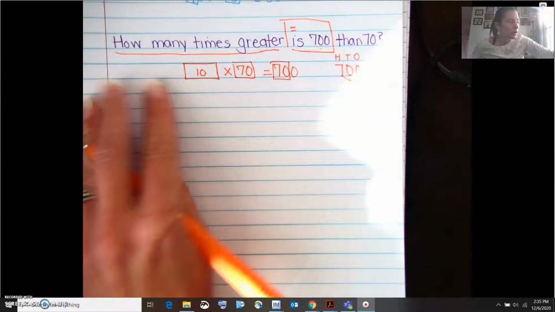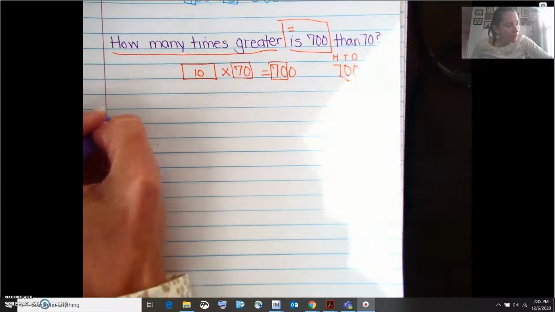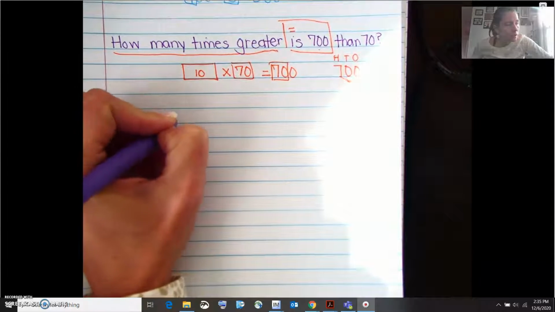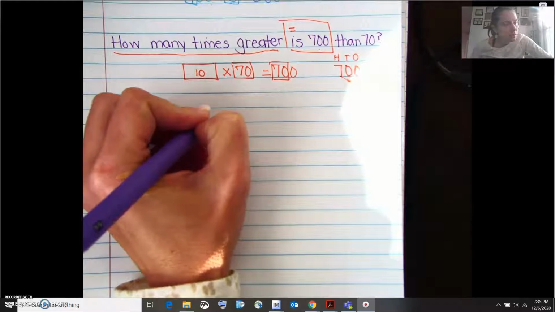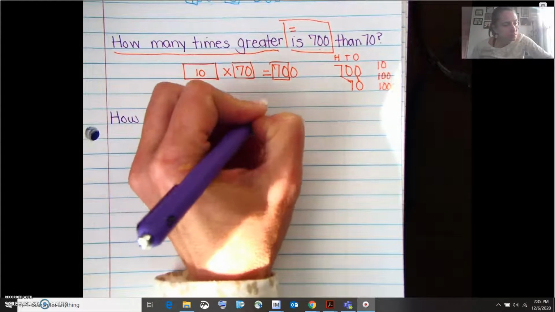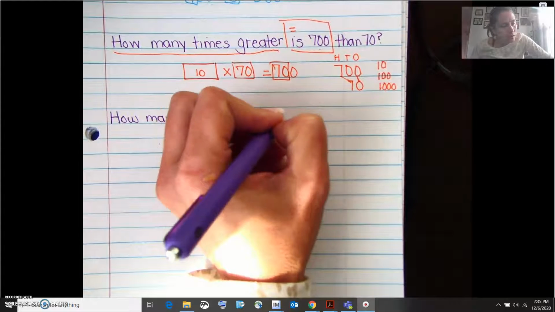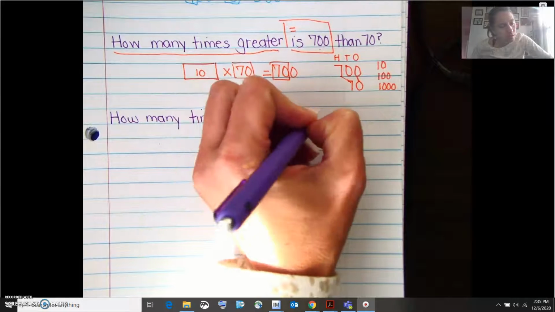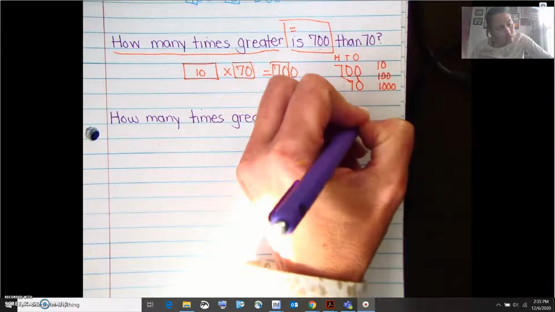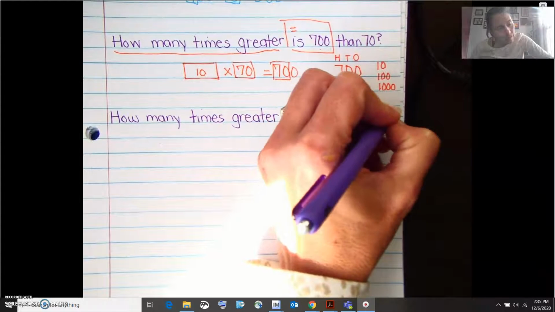So let's look at a different one. How many times greater is 5,000 than 5?